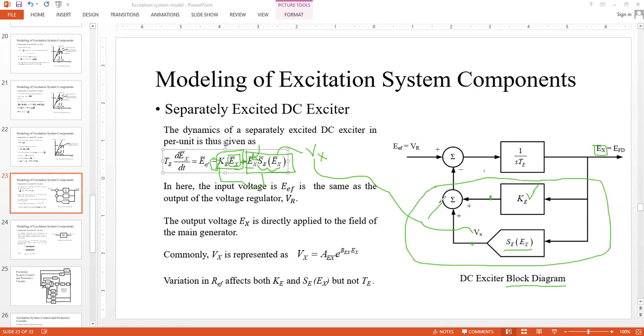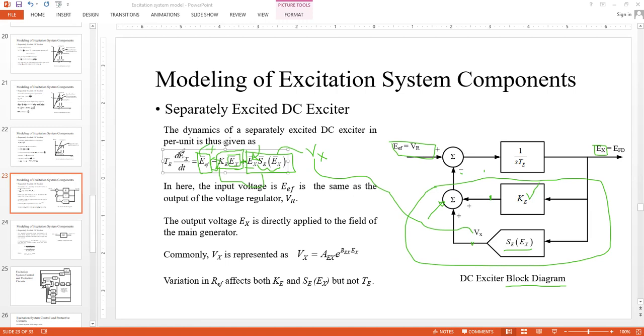This is the summing junction. And once the sum is produced, then we have a minus sign. Minus with what? Minus with the input to the system, EEF. EF, remember, is the input. So this is EEF, which is coming with a plus sign over here. So plus and minus, you get the signal back.